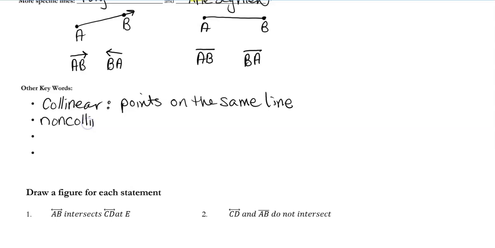Well, non-collinear is what it sounds like. It's not collinear. So points not on the same line. Okay, and so let's highlight those because those are vocabulary words you need to be aware of.